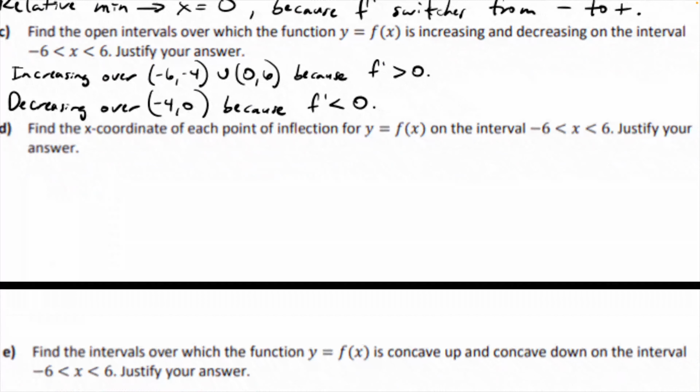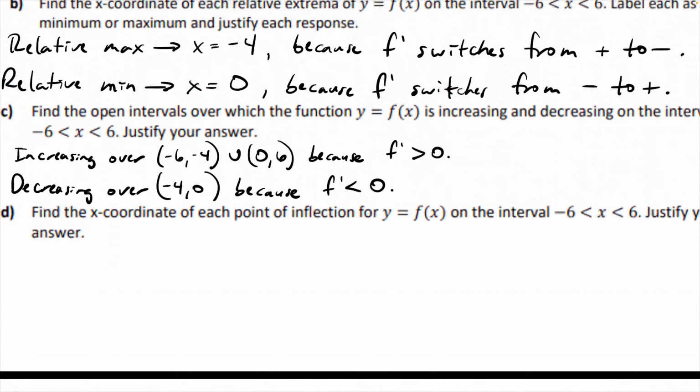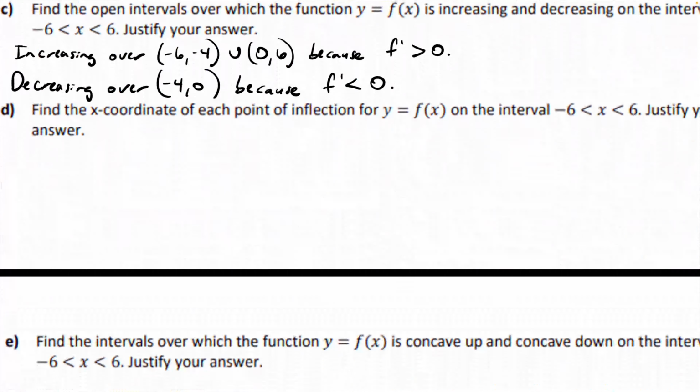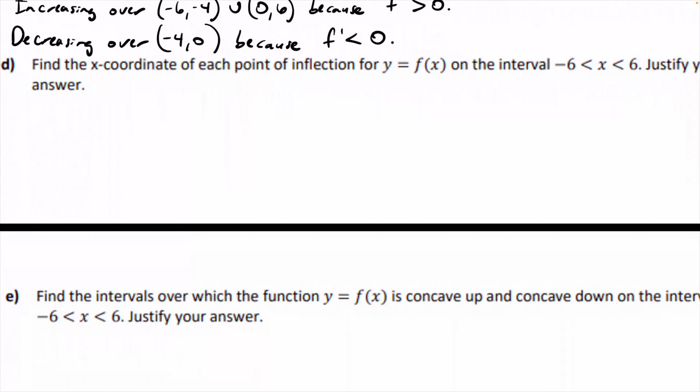All right, next one. So that's first derivative. That's how to do first derivative. Now we're going to talk second derivative. Point of inflection is second derivative. Point of inflection is when second derivative does what?